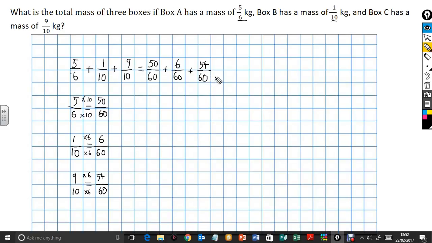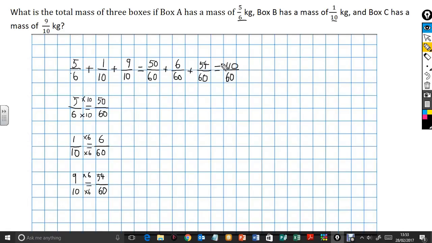You can add that all up in your head or however you like, but you can see that the 54 add the 6 is going to give you 60, and 60 add the 50 is going to give you 110. 110 over 60.